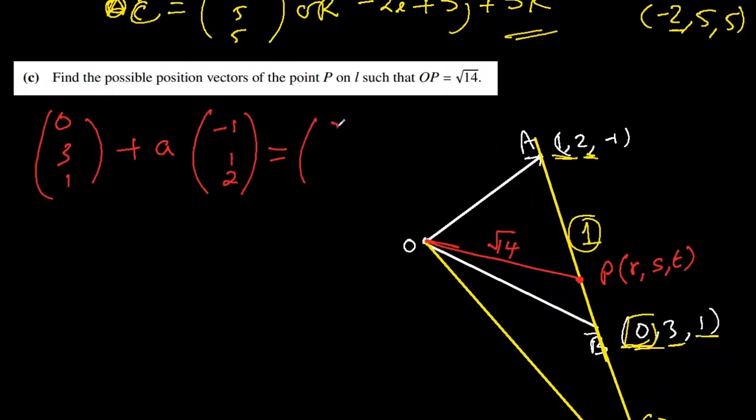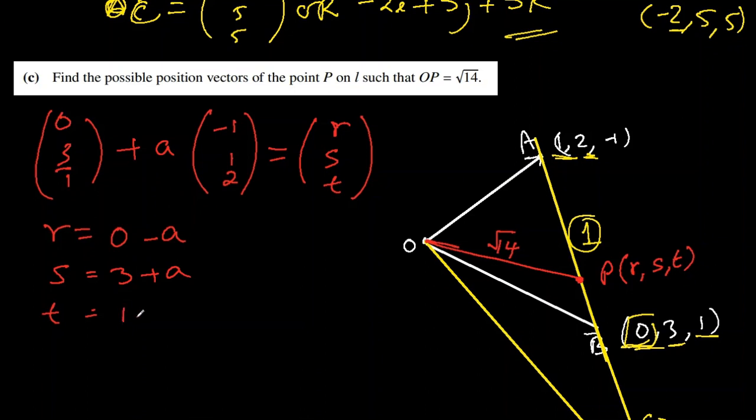And since R, S, T is on the line, it will be equal to R, S, T. So the parametric equation becomes R equal to 0 minus a, S becomes 3 plus a, and T becomes 1 plus 2a.